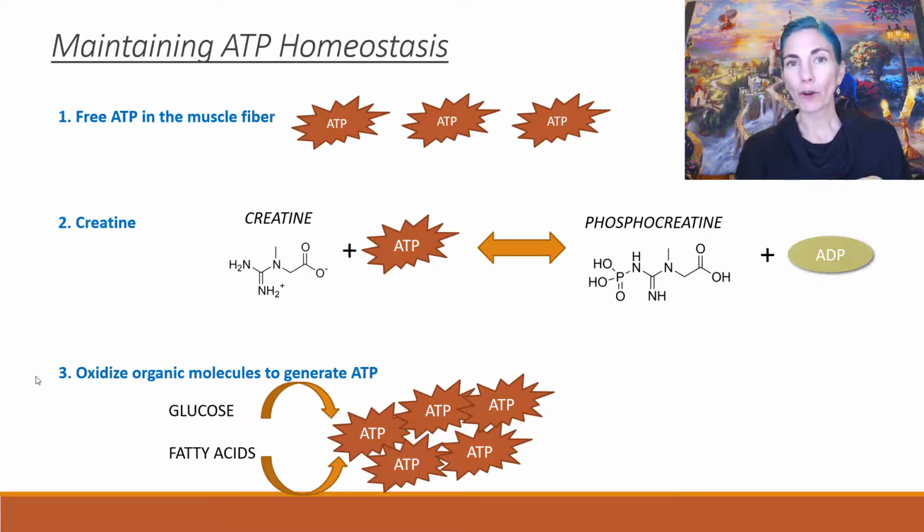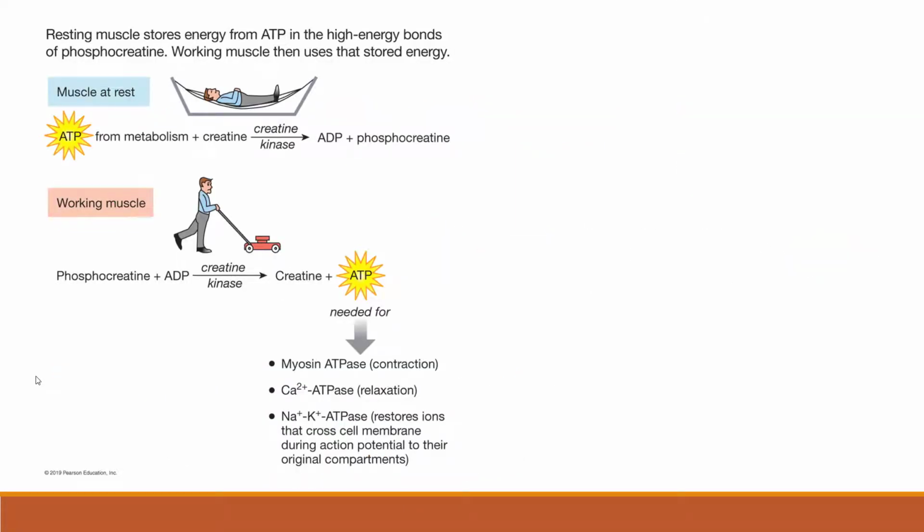So I'm going to talk about the creatine thing just a little bit more, and then we're going to spend most of our time looking at number 3. This is an image from the textbook that basically shows what's happening and how this is a reversible reaction. If you are at rest, then extra ATP that you make will combine with creatine and make ADP and phosphocreatine.